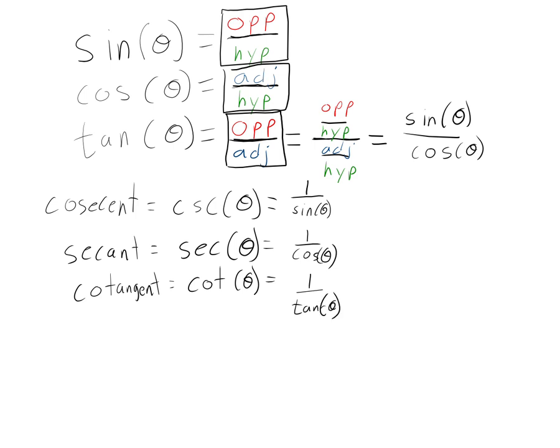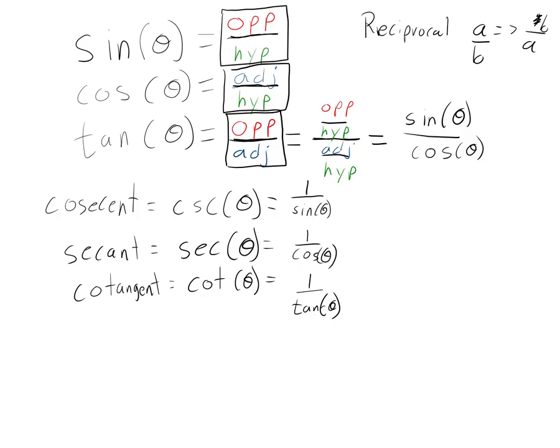So cosecant is just the reciprocal. Let me write this word up here, reciprocal: A over B goes to B over A.